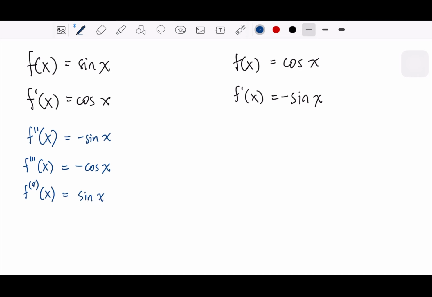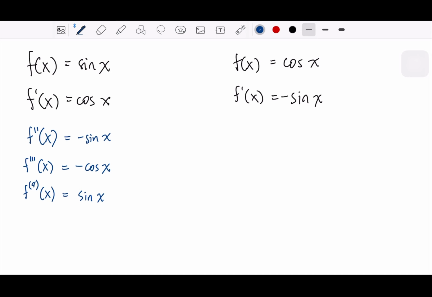So after 4 times, we go back to the original function, which means if you take the derivative, let's say 1,000 times, you do not need to derive 1,000 times. Every 4 times it gets back to sine x. 1,000 divided by 4 is 250, so it goes back to sine x.